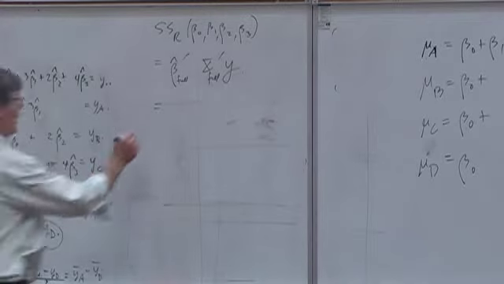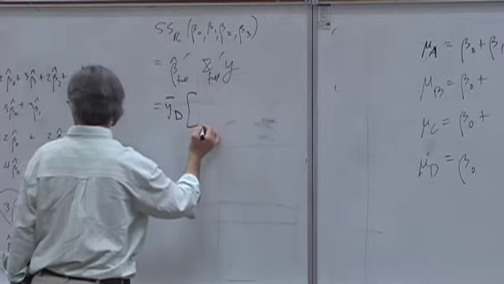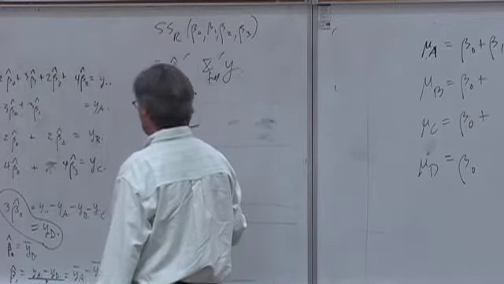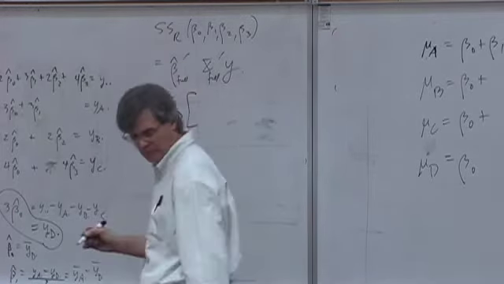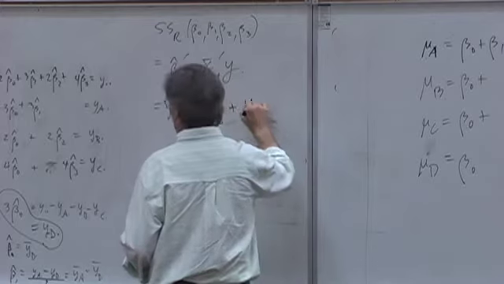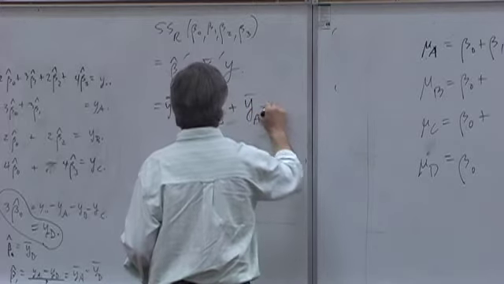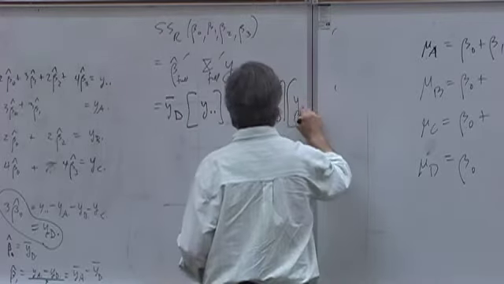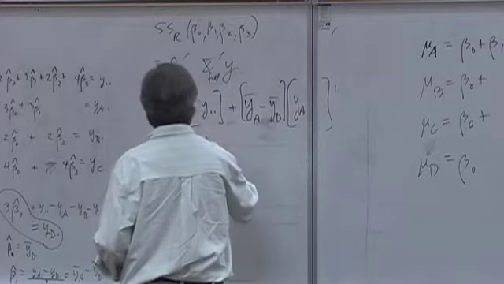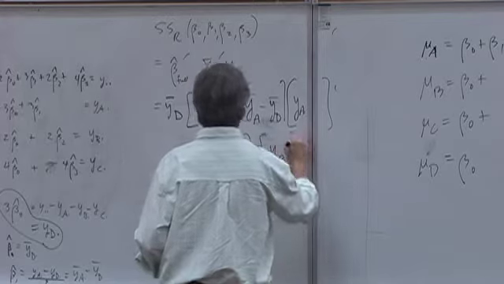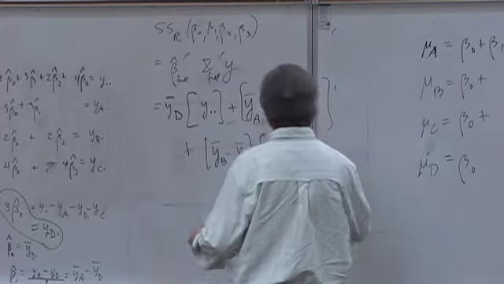So that comes out y d bar times y double dot plus y a bar minus y d bar times y a dot, plus y b bar minus y d bar times y b dot, plus y c bar minus y d bar times y c dot.